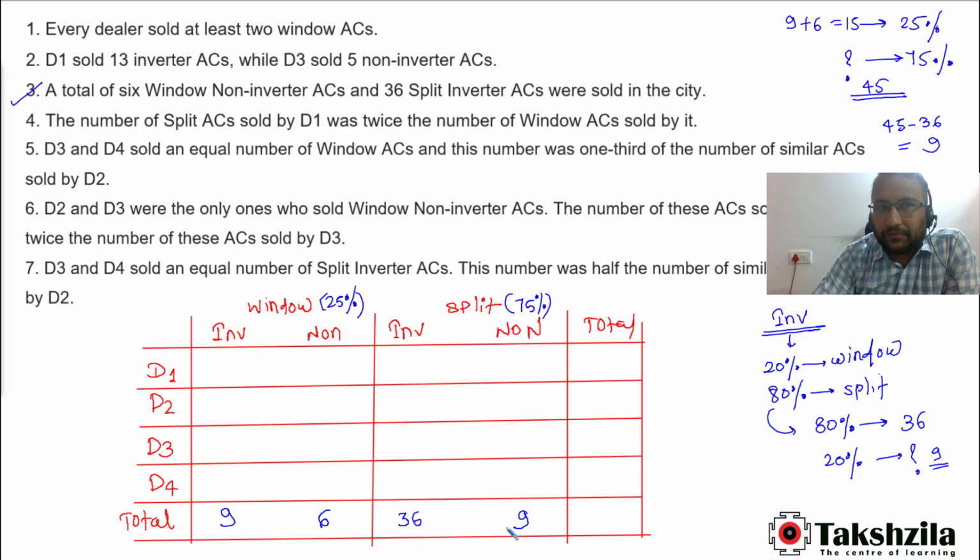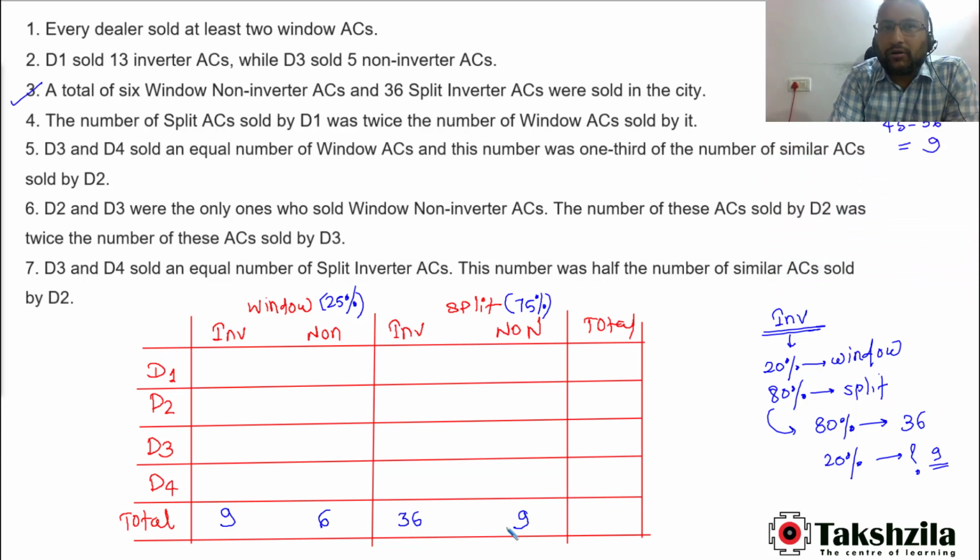After this, the first statement is that every dealer sold at least 2 window ACs. Then D1 sold 13 inverter ACs and D3 sold 5 non-inverter ACs. We cannot enter this data directly as of now, so let's read the statements further.